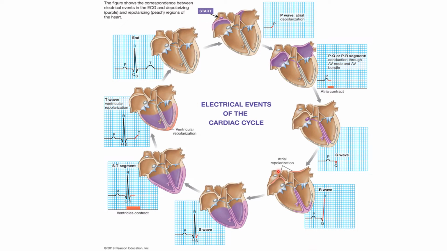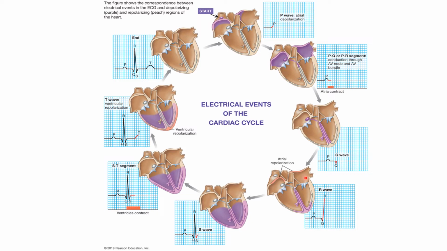Now, when are your atria depolarizing and contracting? As we said right here, during the P wave. Following depolarization and contraction, your atria must repolarize and relax. And so when is that going to happen? That's going to happen during the ventricular depolarization.